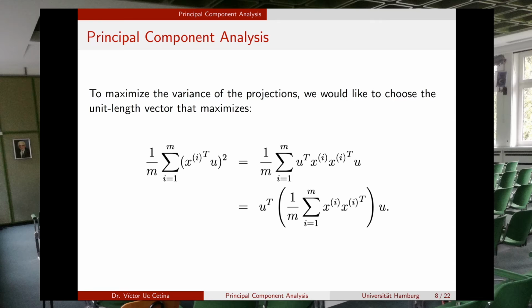Now, we are interested in computing these directions, these vectors that will create a subspace in which our points are more dispersed. Now, if we want to find these vectors, what we're saying is that we want to maximize the variance of the projections, and we will need to choose a unit length vector that maximizes the variance of the projected points.